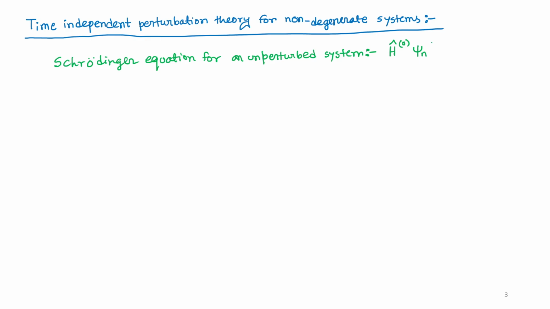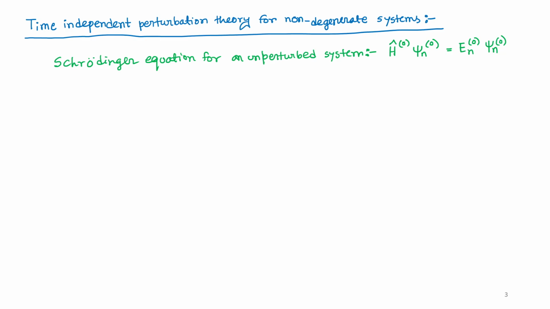We are not calling it H0. This is zeroth order. So H zeroth order acting on psi n zeroth order equals the energy of the nth state, zeroth order. Zeroth order means there is no perturbation. So this is an eigenvalue equation, as we have been writing it for the whole course till now.